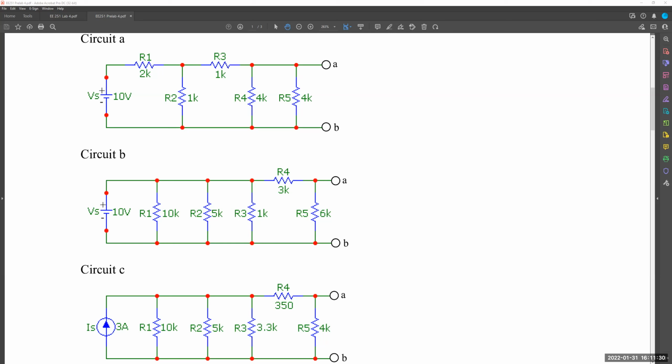Well, R2, I'm going to draw it some distance away. It is right here, connected to A, right? This node. The other end of R2 is connected to R1, and the other end of R1 is connected to R4, which goes to terminal B. So if I was to draw this out vertically, I could draw it as R1, R4 going all the way to B. So R1 and R4.